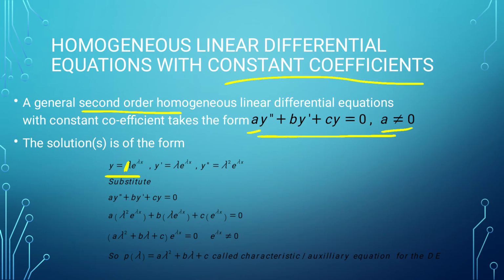It should be y equal to e^(λx). That's in general. So if we differentiate this, we are going to get this, and if we get the second derivative, we get that.